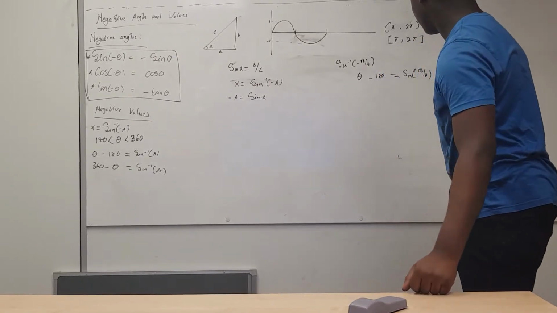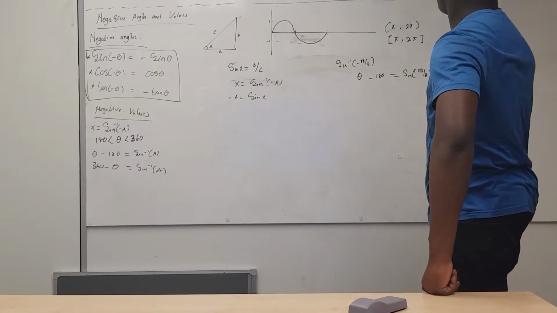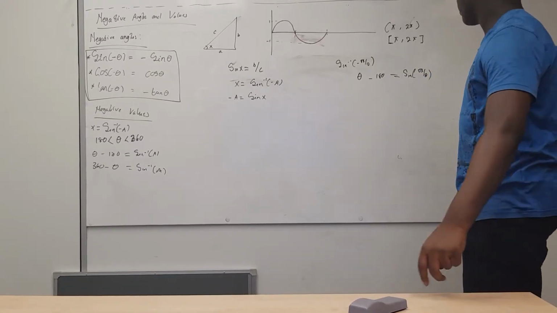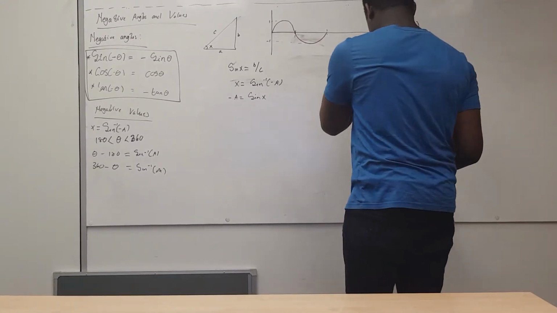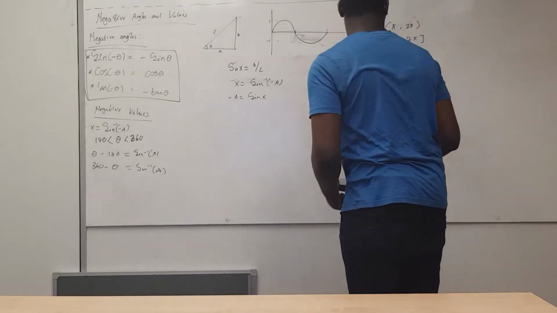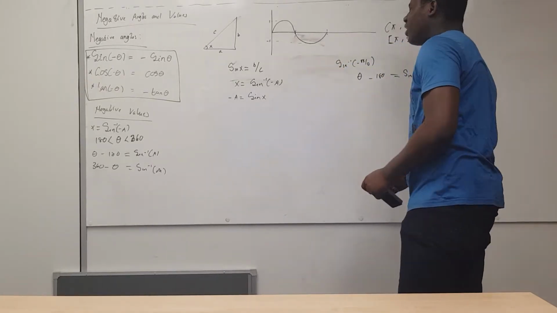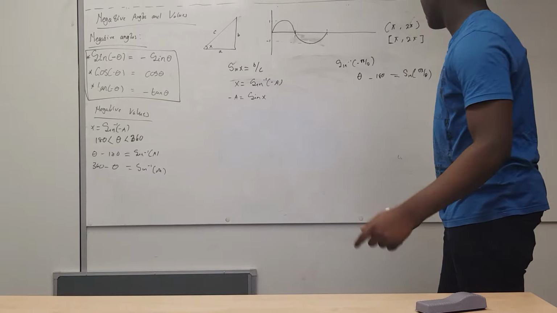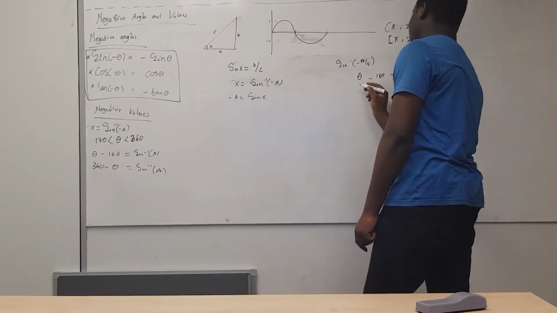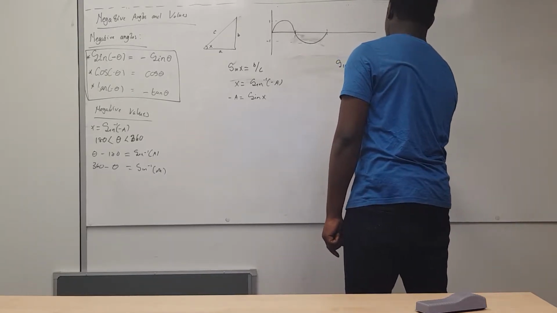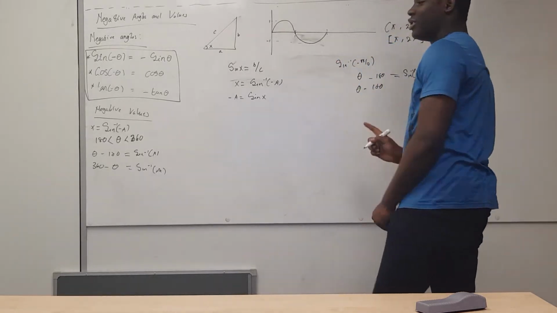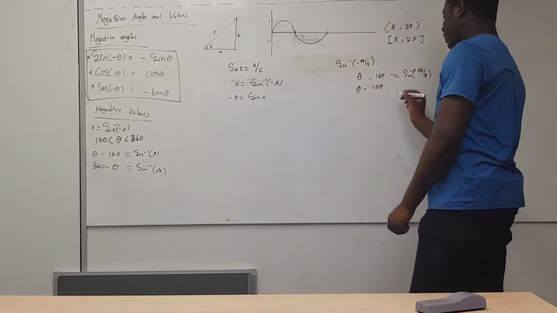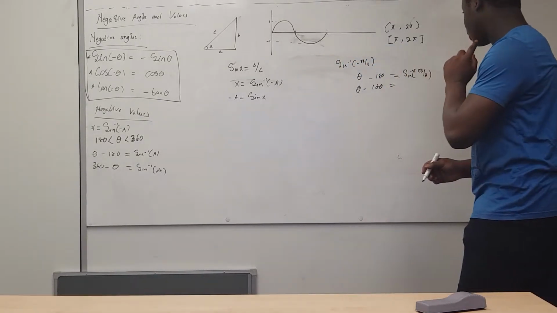It's meant to be inverse, so the variable minus 180 is equal to sine inverse of root 2 divided by 2.